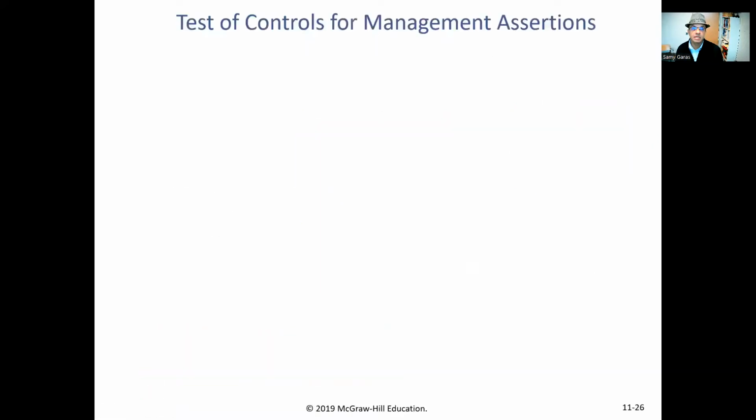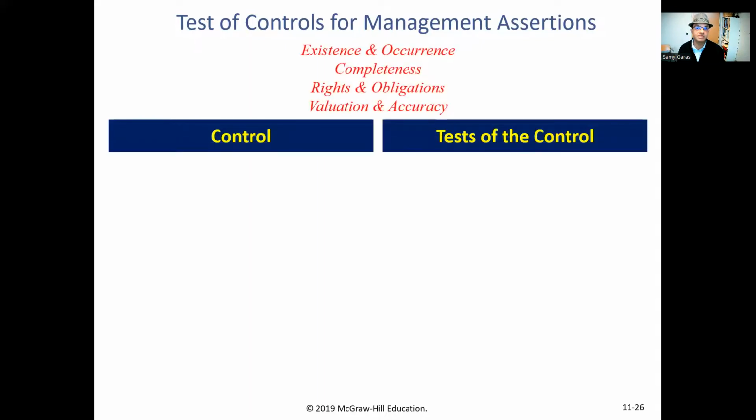Okay, and finally, I make a list here of all the test of controls for the management assertions. What are the management assertions? Existence and occurrence. It means the sales actually happened at the end of the year. Completeness means that the transactions have been recorded in the journal, ledger, trial balance, that we have the rights for the sales that happened.